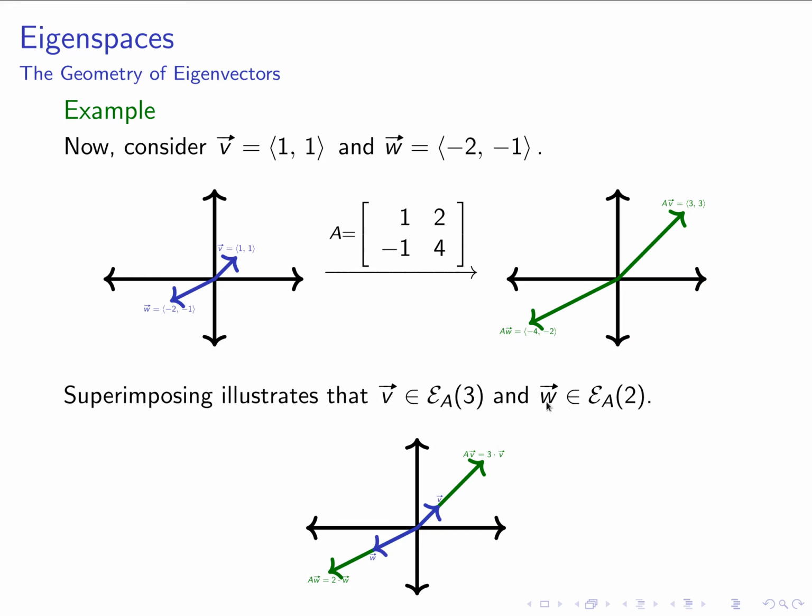That's why we're writing here, w belongs to script E sub A of 2. So our picture for this example is different from the previous slide. On the previous slide, the input vectors were not parallel to the output vectors. In this example, the input vectors are parallel to the output vectors.